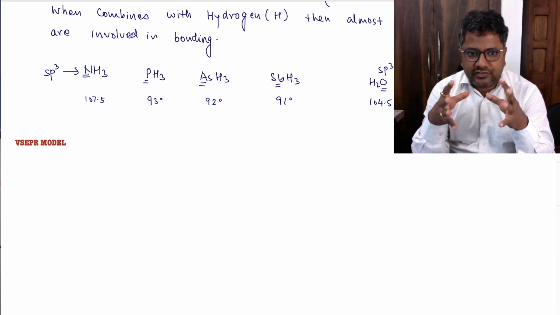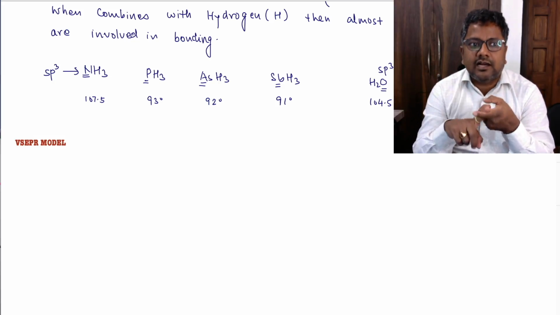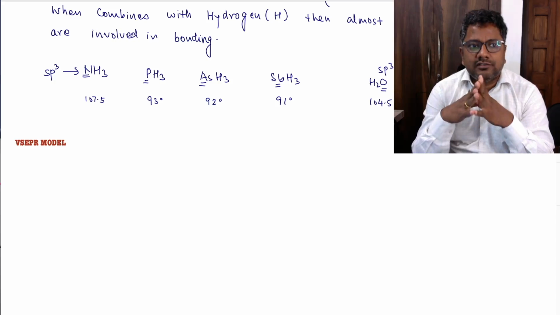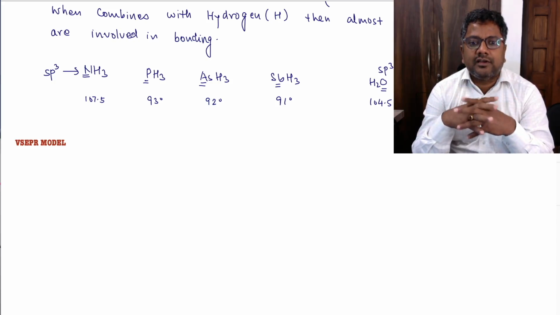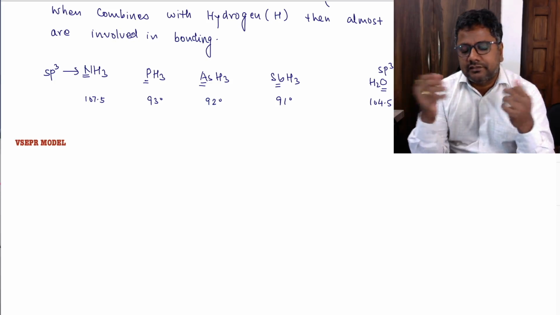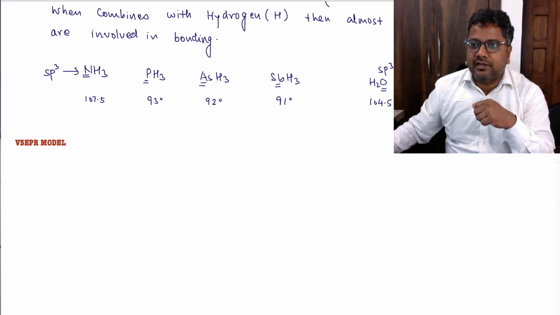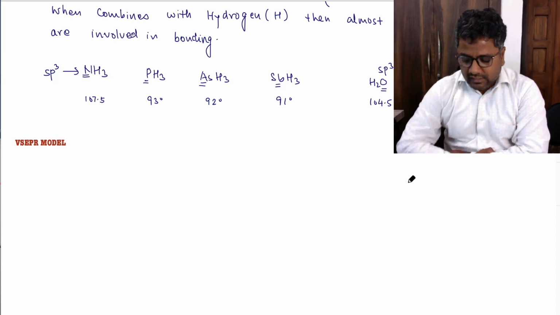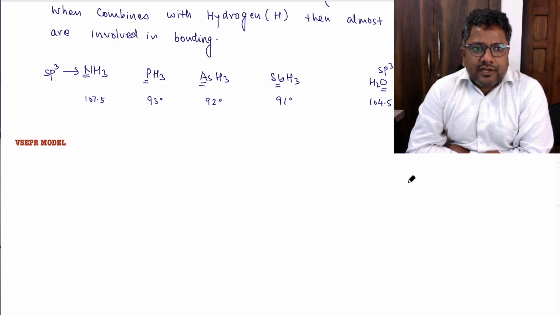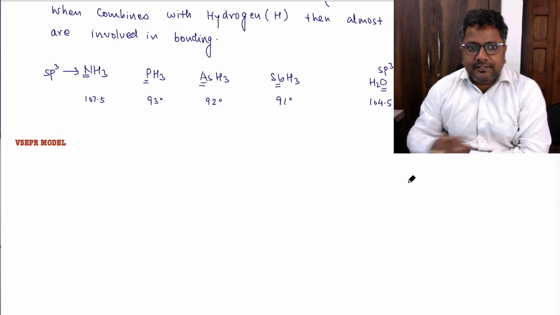If you mix this VSEPR model and hybridization, then you can explain the shape of a molecule to a greater extent. I am not saying you can explain 100% of the structure of any molecule, but to a greater extent you can explain it, right?